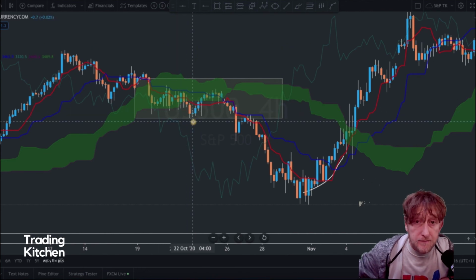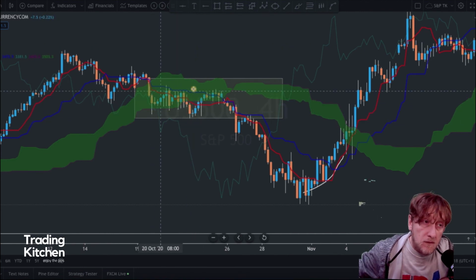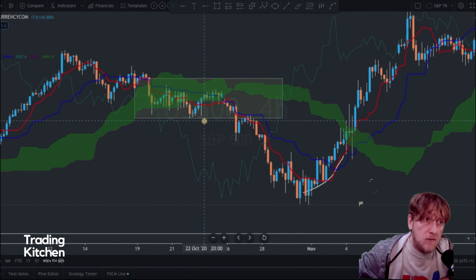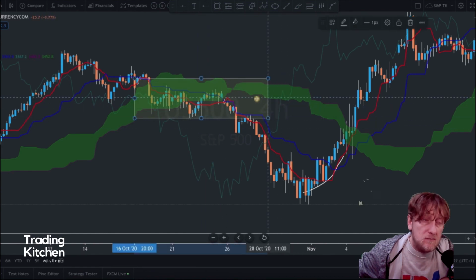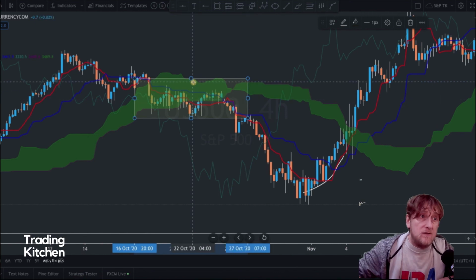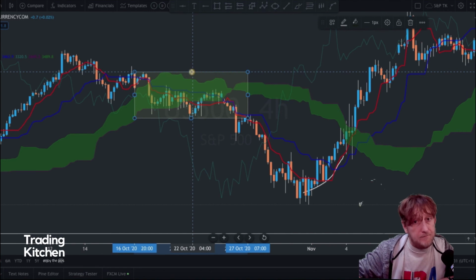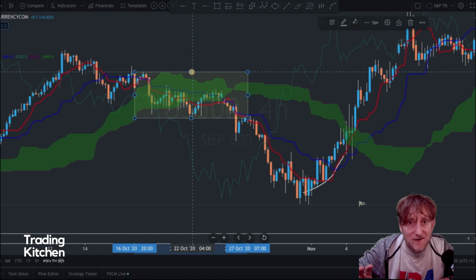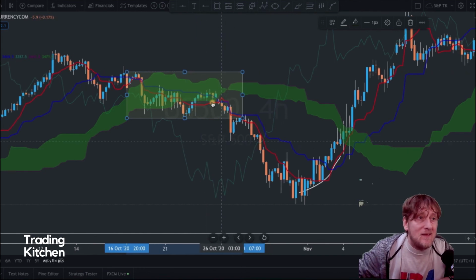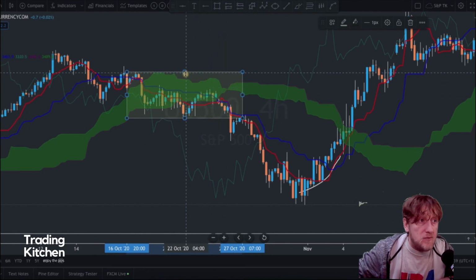But this is very good, just because this kind of signal tells us where structure areas are. Okay, in this case, for example, this could be a very good one.